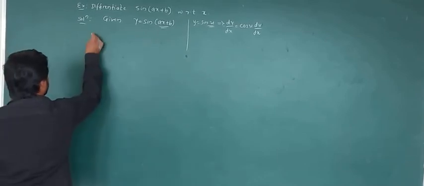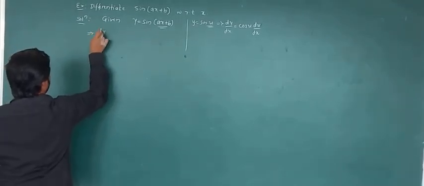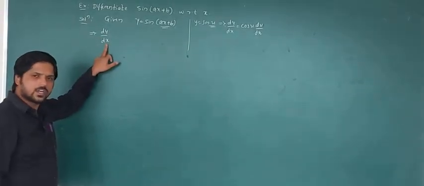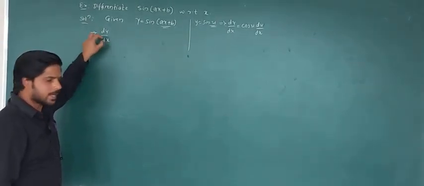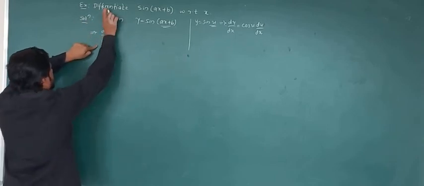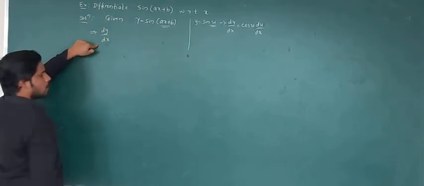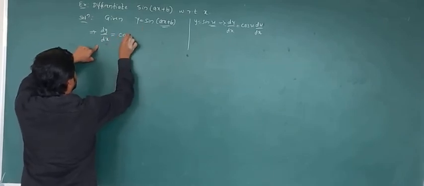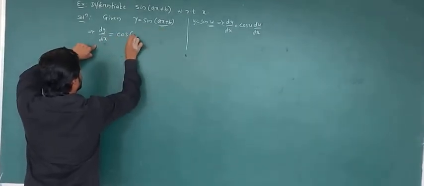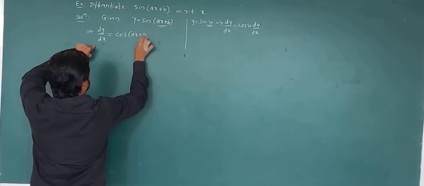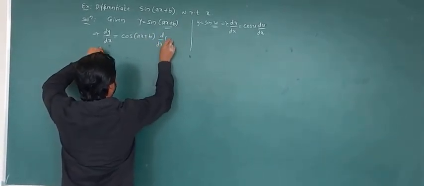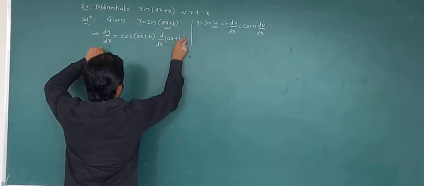So the derivative of this function, here we are differentiating with respect to x, that is dy by dx. dy by dx is equal to sine differentiation, which we know is cos, in place of u we have ax plus b, into d by dx of ax plus b.